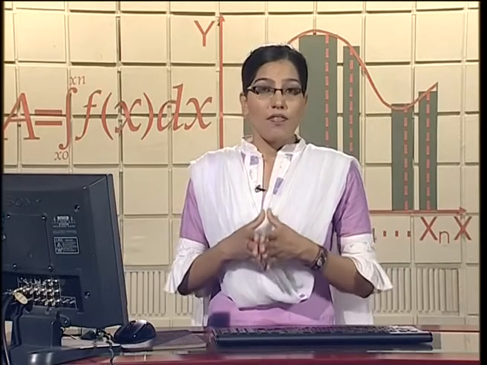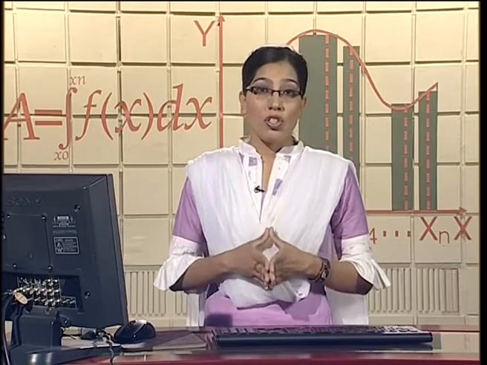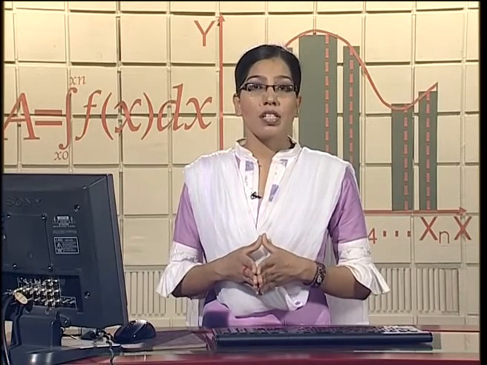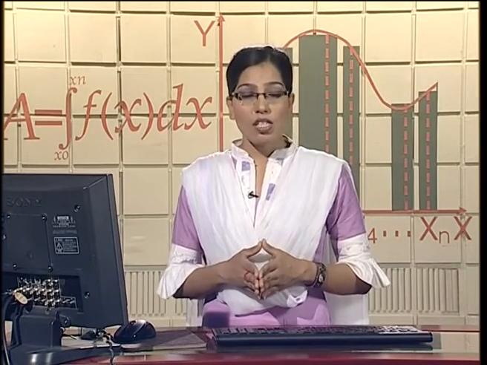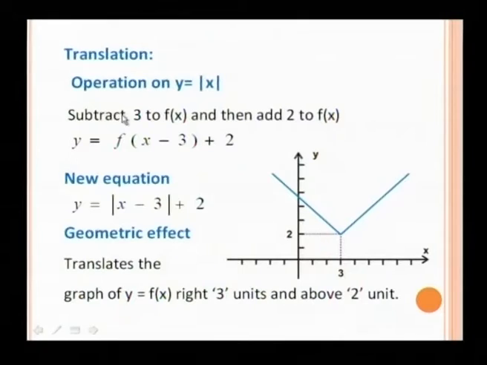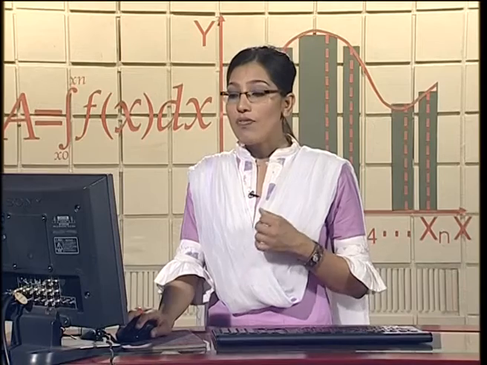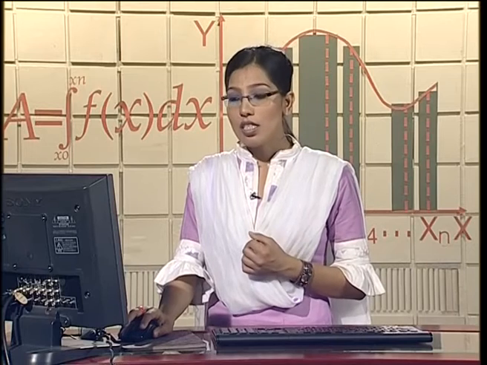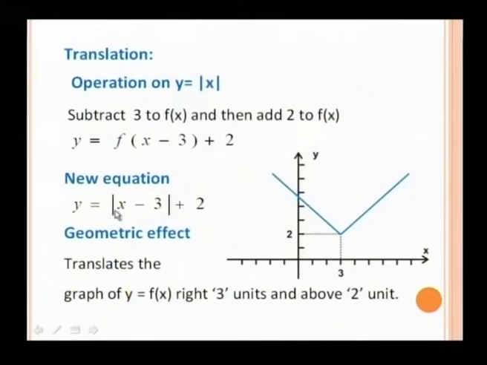In the next figure, we will explain the addition and subtraction of a constant by translation. You can see that example on the screen. Here, if we subtract 3 from f of x and then we add 2 to f of x, then our function becomes y is equal to f of x minus 3 plus 2. So finally, our new equation is y is equal to modulus x minus 3 plus 2.